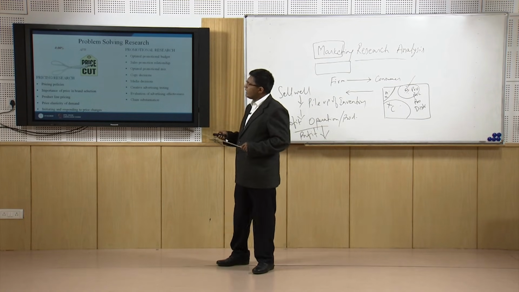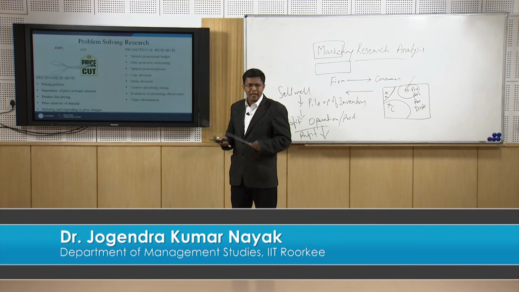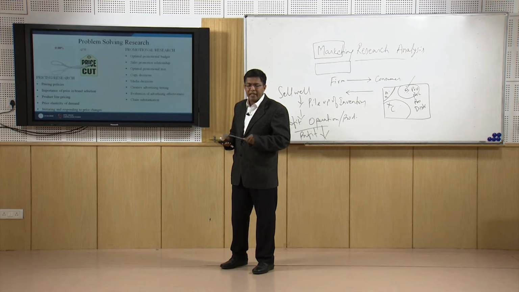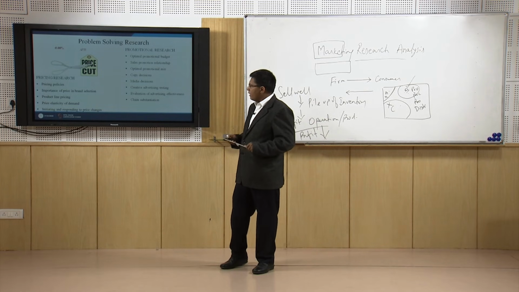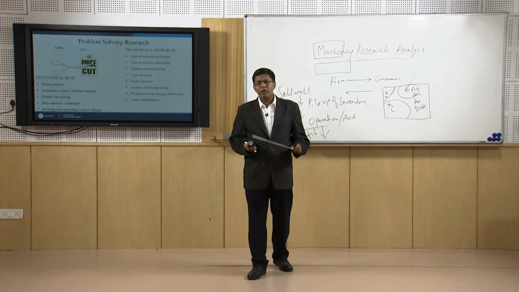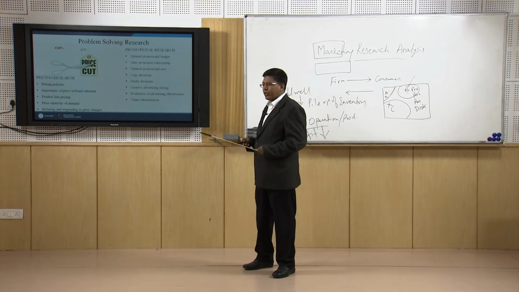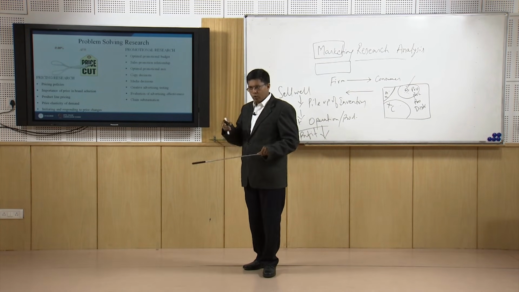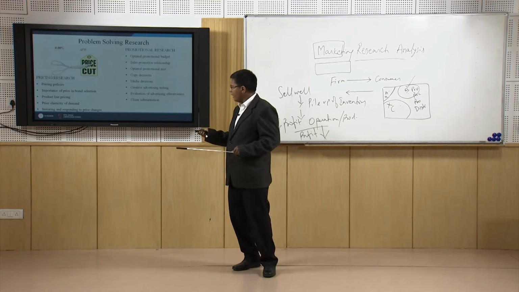So, all this needs research, all this needs data, all this needs to be seen in detail, but any research will only happen when you are very clear what your objective is, and how to move further from that, right.